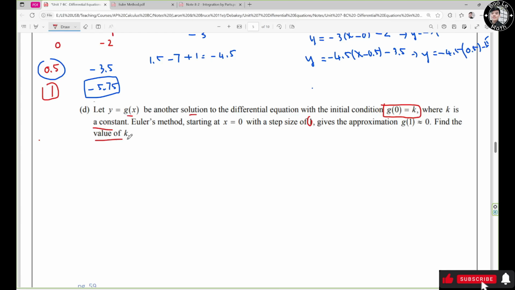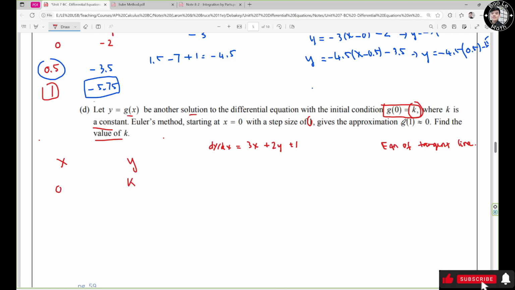Find the value of k. Alright, so this problem we're gonna do backwards, right? We need to find the initial condition right here, right? So we just get a table, right? Now, s equals 0, y equals k, right? So we have 0, k here, right?